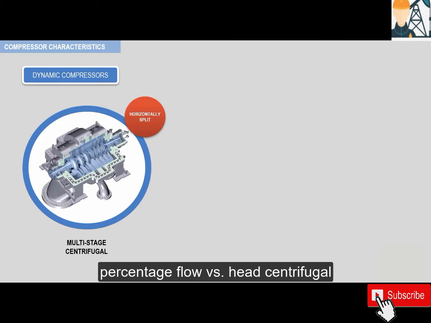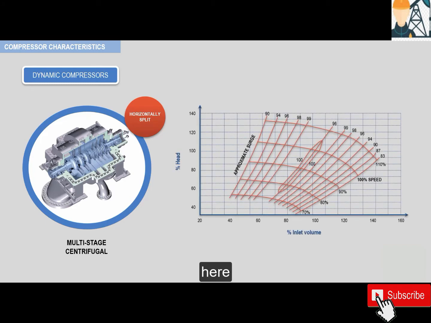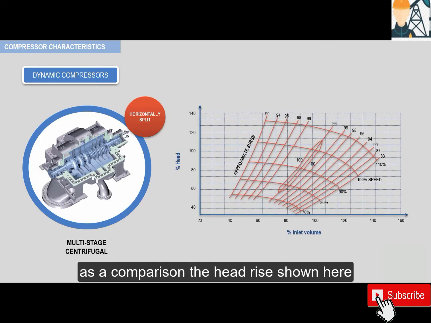A typical percentage flow versus head centrifugal compressor performance curve is shown here. As a comparison, the head rise shown here for the centrifugal compressor is approximately 10% as compared to 30% for the axial compressor shown in the previous figure.